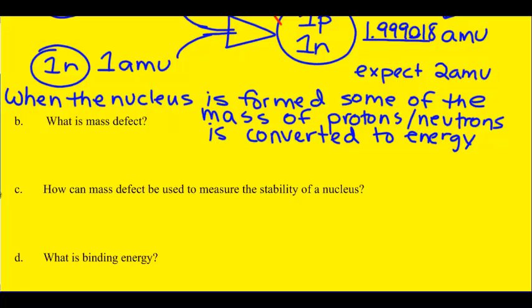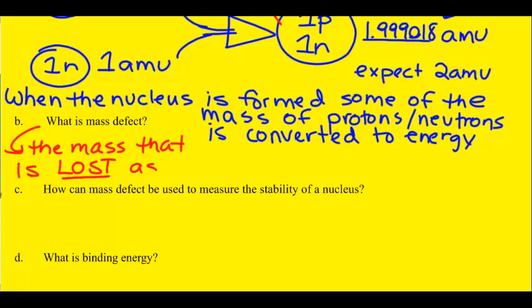So mass defect is the mass that is lost as energy. And what we know is the greater this is, the more stable the resulting nucleus.